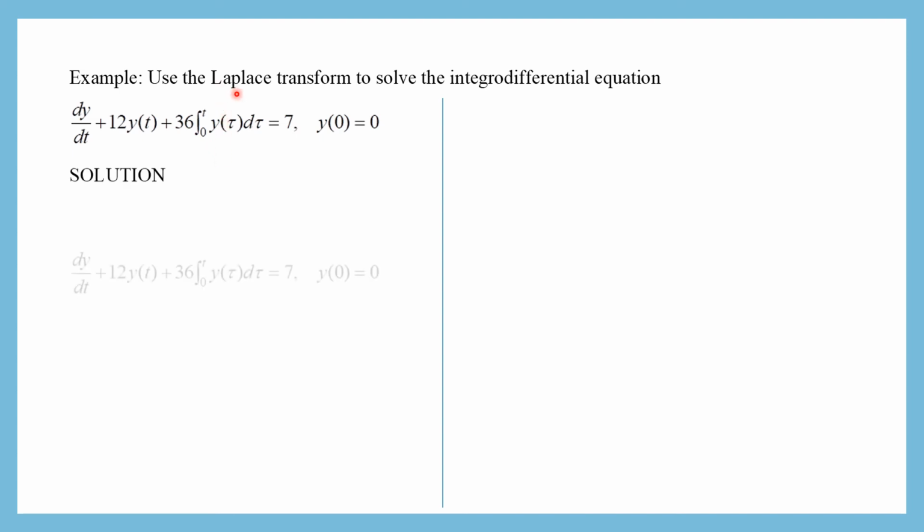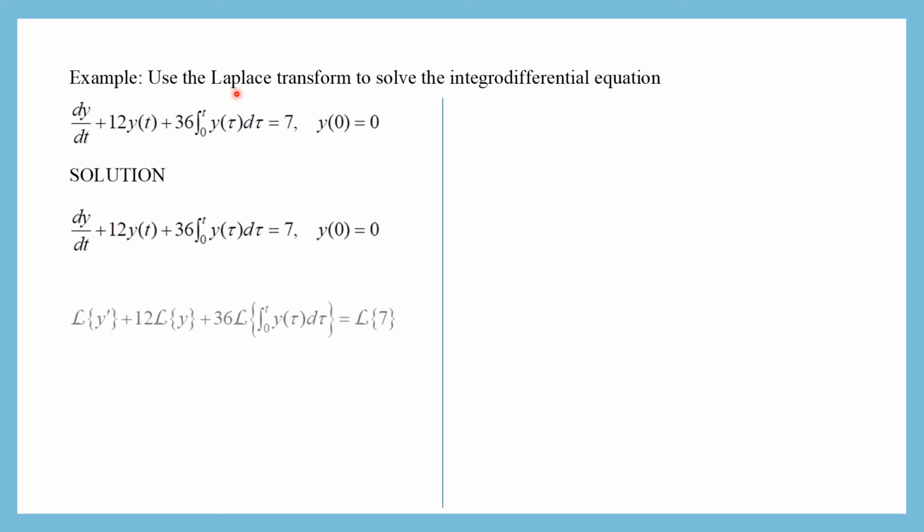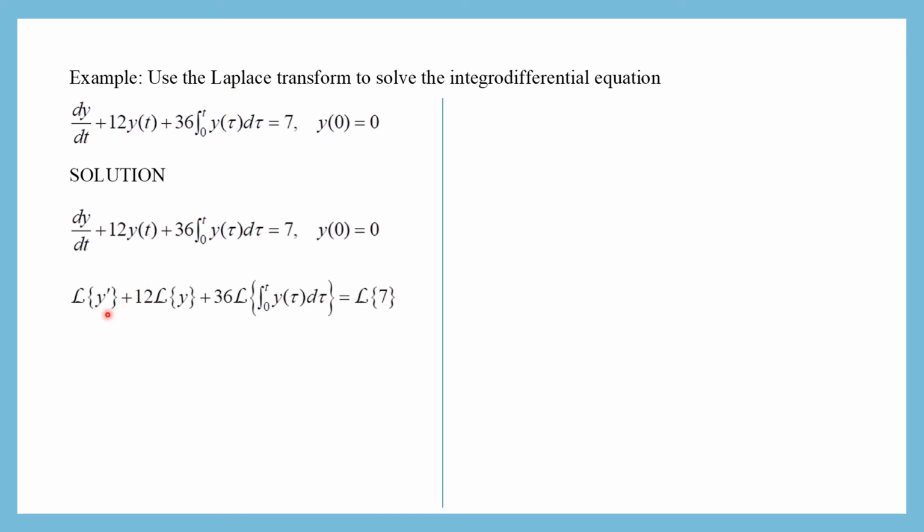So here's the solution. We begin by finding the Laplace transform of each term on each side of the equation. So find the Laplace transform of y prime plus 12 times the Laplace transform of y plus 36 times the Laplace transform of the integration from 0 to t of y(tau) d tau equals the Laplace transform of 7. Now how to find the Laplace transform of this integral?